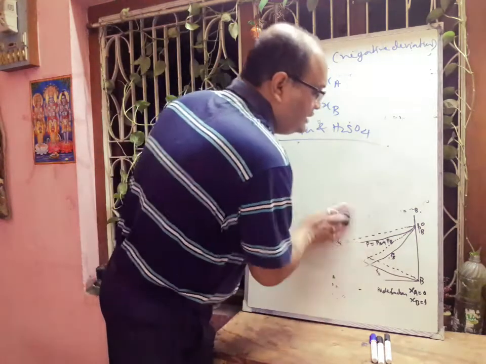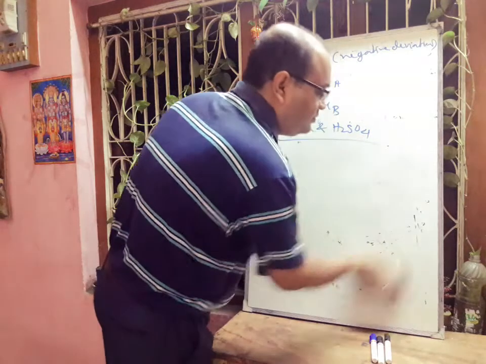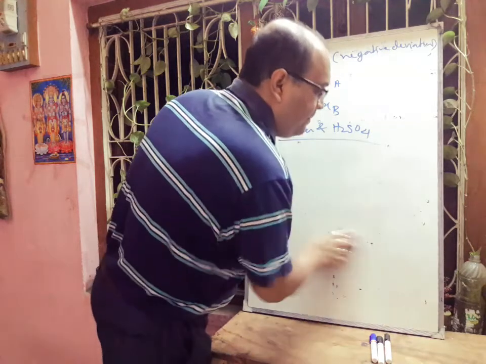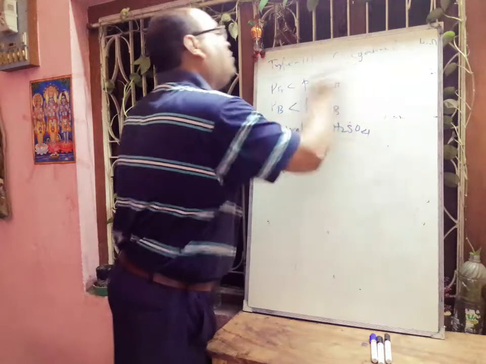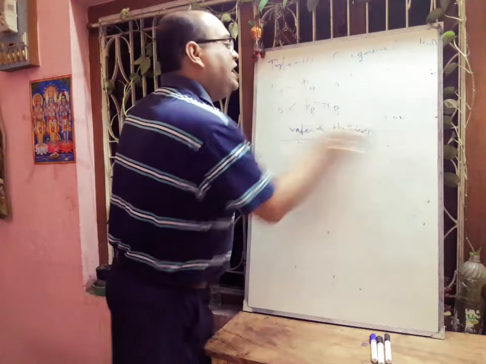Next we will discuss the azeotropes. Azeotrope is also called constant boiling mixture.